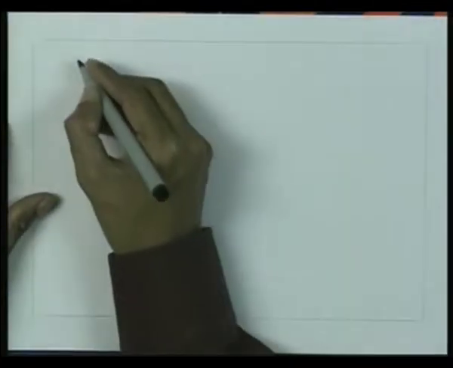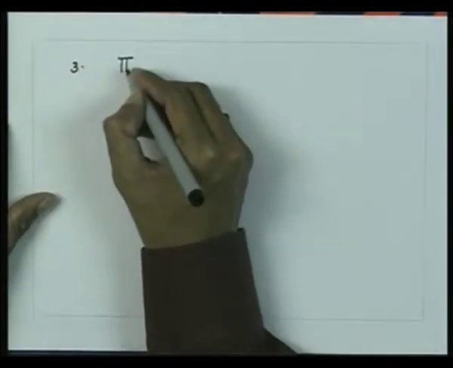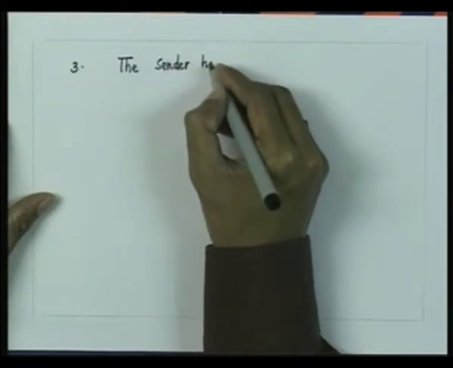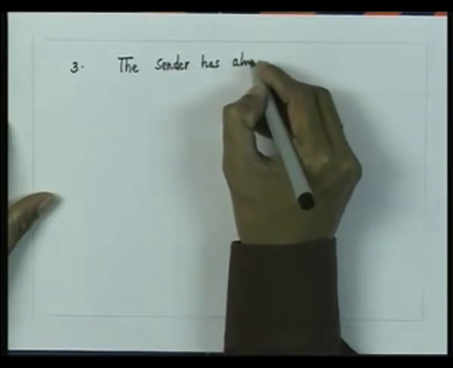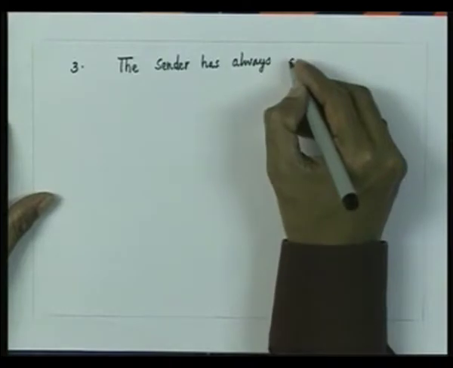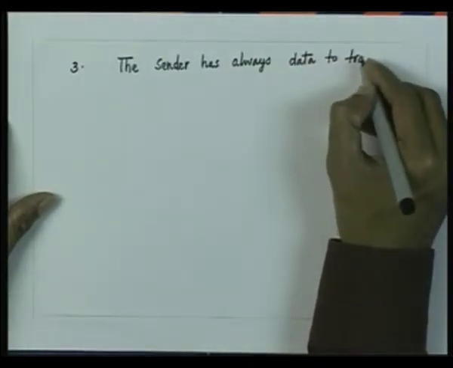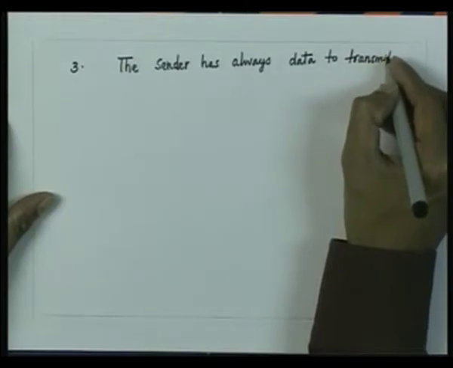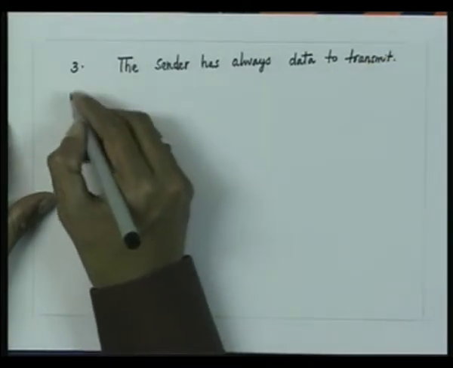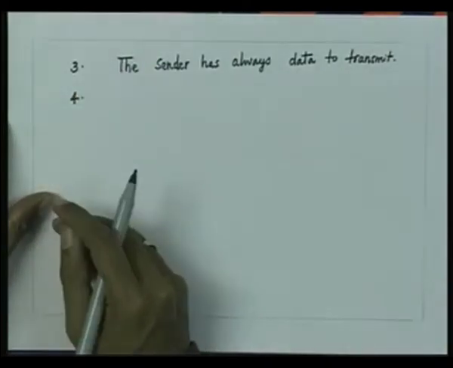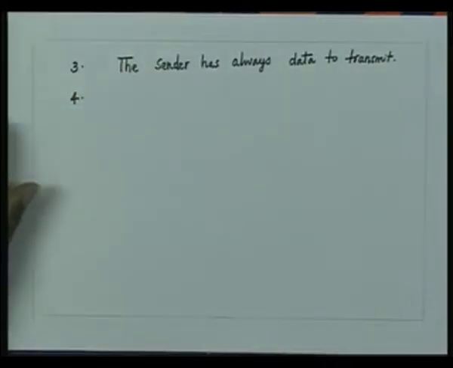Then the second thing is that we are assuming that a sender has always data to transmit. So the third assumption is that the sender always has some data to transmit, and we are assuming here that TCP will avoid the retransmission timeouts.